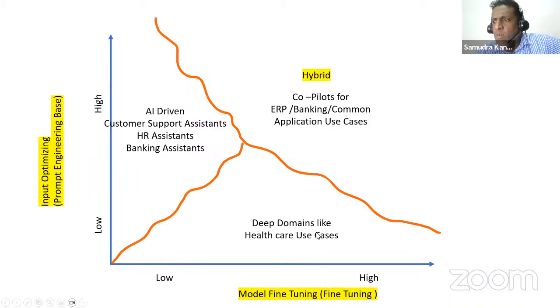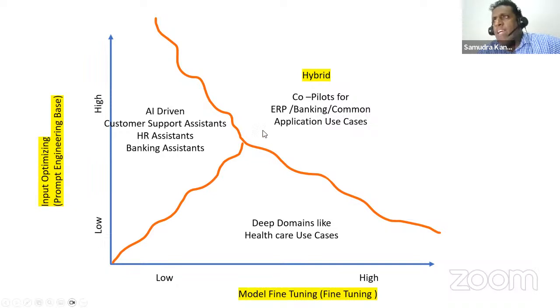On the other hand, you have very deep domain use cases where you need to tweak your underlying AI model or neural network to match specific deep domain use cases. Take diagnosing cancer in the health domain. These kinds of deep domains you have to do with fine tuning. There's no way you can do it with prompt engineering.